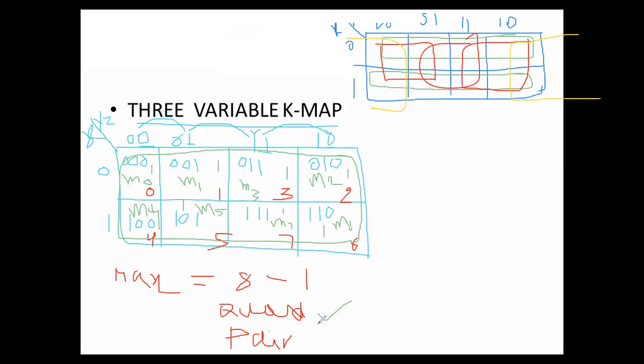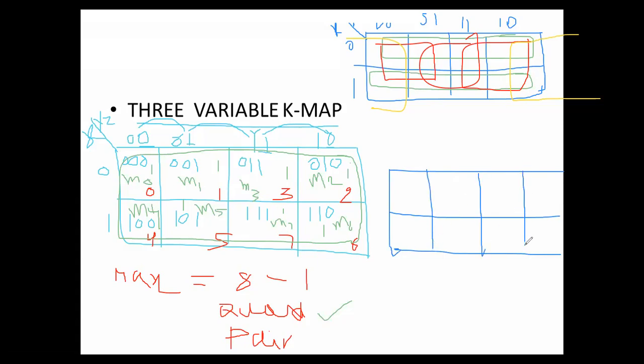These are the possibilities to group the adjacent ones, that is quad. Next, pairs. By taking one example, we will discuss these groups.